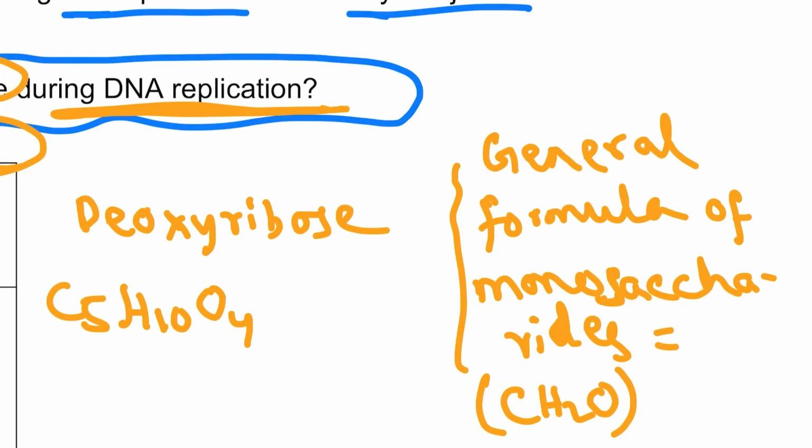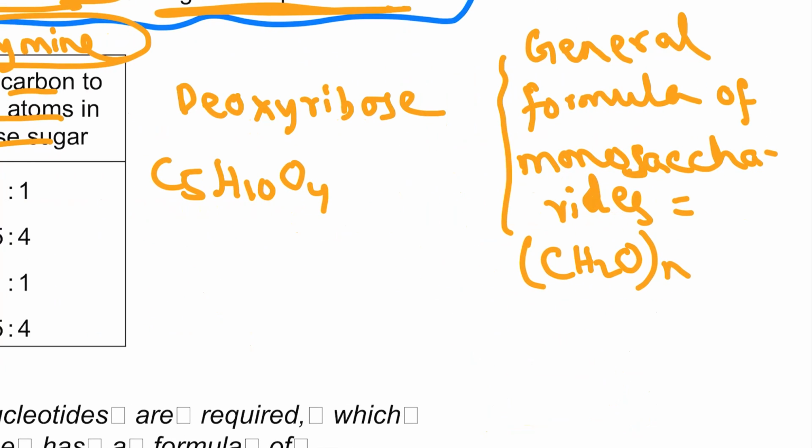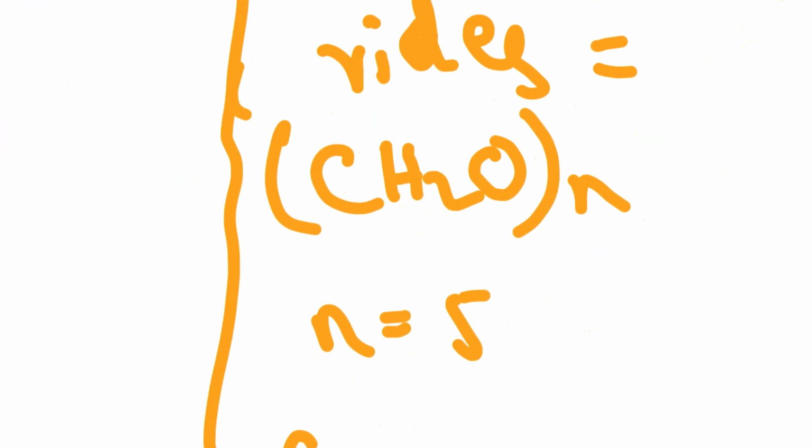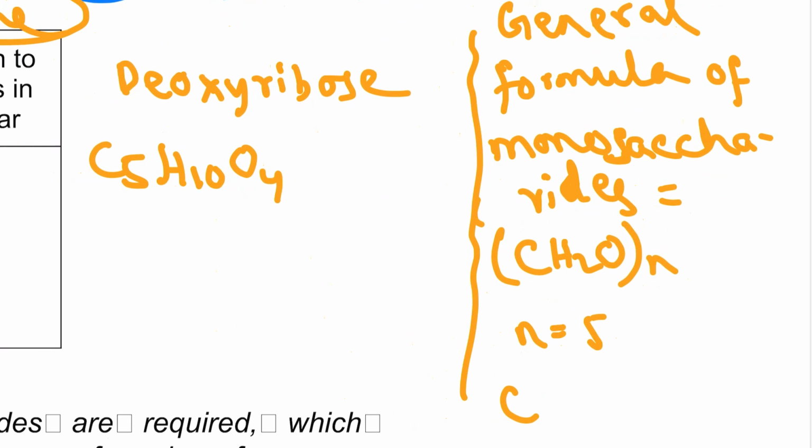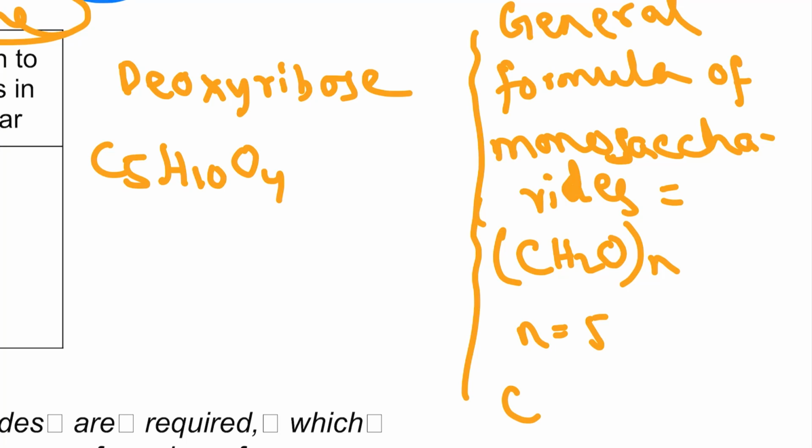This is the general formula of monosaccharides. So according to the general formula, the formula should be C5H10O5. Why? n is the number of carbon atoms, and in a pentose sugar there are 5 carbon atoms, as you all know. So according to the general formula, the formula should be C5H10O5.